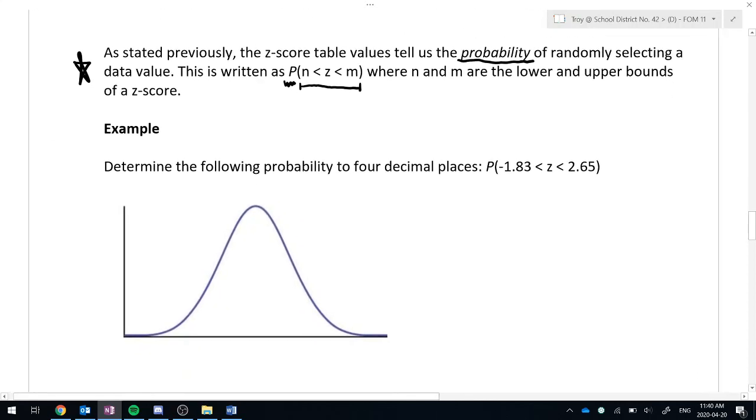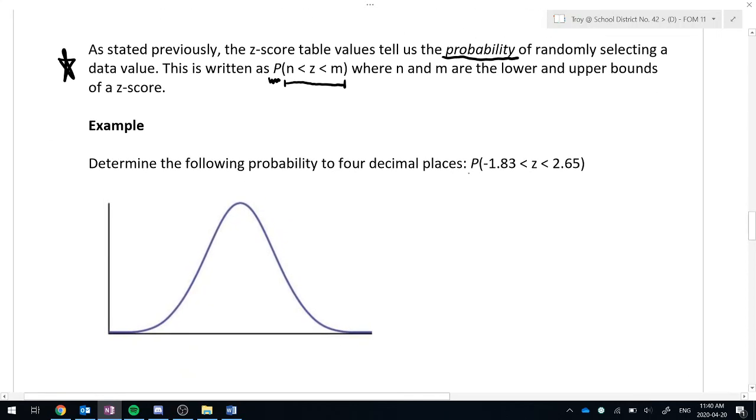So for example here, this is saying what's the probability of landing in the area between negative 1.83 and 2.65, referring to the z-scores, of course. Okay, so it's asking you the exact same thing. The percentage of data underneath the curve is exactly the same thing as the probability for finding any random data point in that range. Okay, it's the exact same thing.